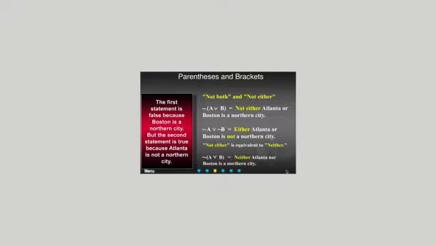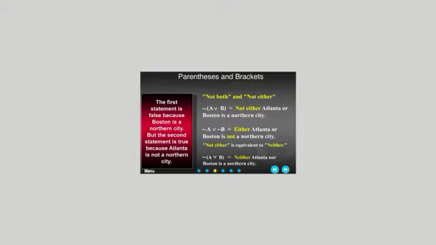The first statement is false because Boston is a northern city, but the second statement happens to be true because of Atlanta. So again, they are not equivalent. Not either Atlanta or Boston is a northern city. Either Atlanta or Boston is not a northern city.